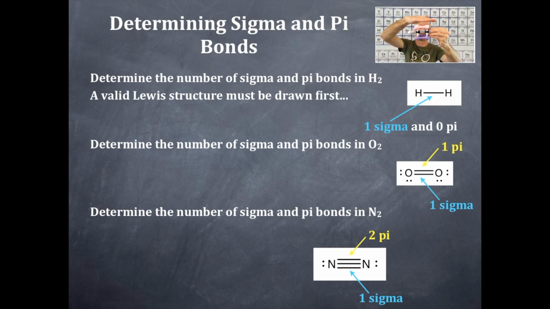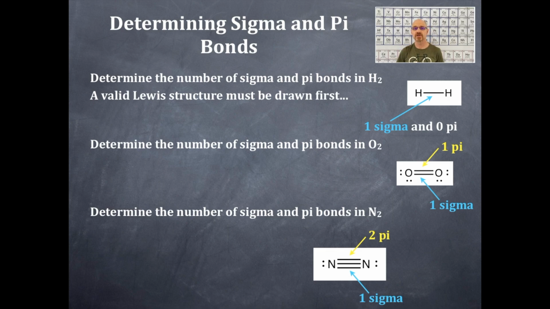Now, above the plane and below the plane of the sigma bond are 1, 2 pi bonds. Okay, so 1 and 2 pi bonds. Again, double and triple bonds inhibit rotation around the axis of that bond. So hopefully you should be able to determine the number of sigma and pi bonds here.